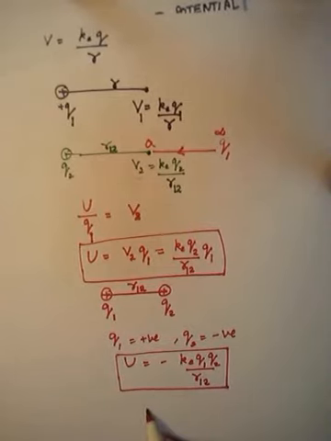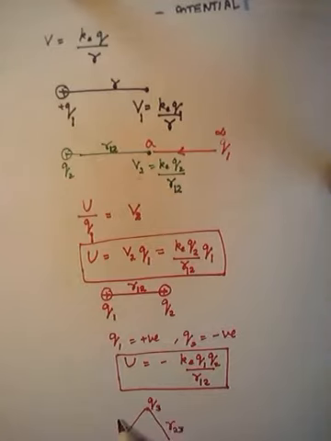And if you have many charges, suppose it is Q1, Q2, Q3, with distances R12, R23, R31, you just have to add. So let us say it is U1, U2, U3.